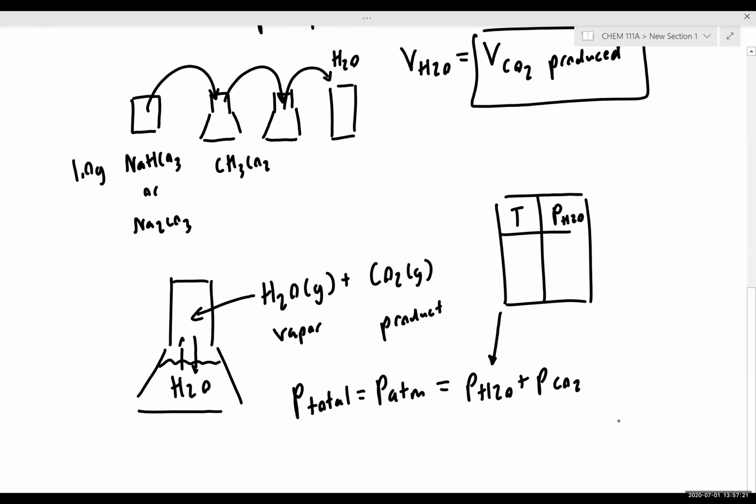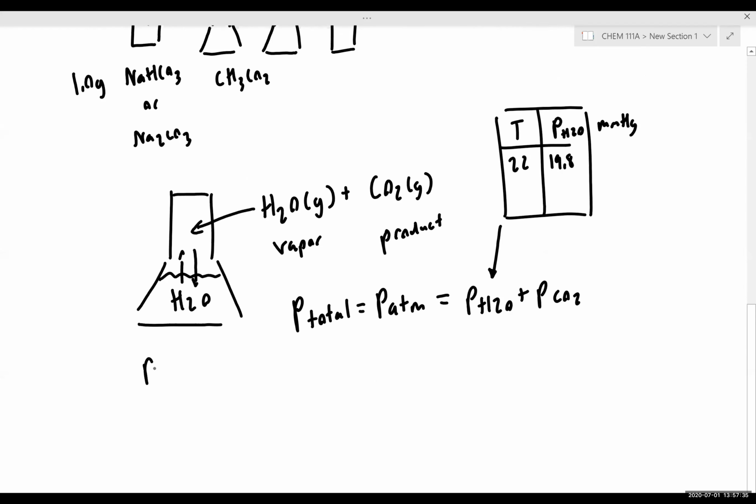So at about 22 degrees Celsius, the vapor pressure is about 19.8 millimeters of mercury. The atmospheric pressure that we looked up from our local weather source, see the previous lab, was about 0.98 atmospheres.